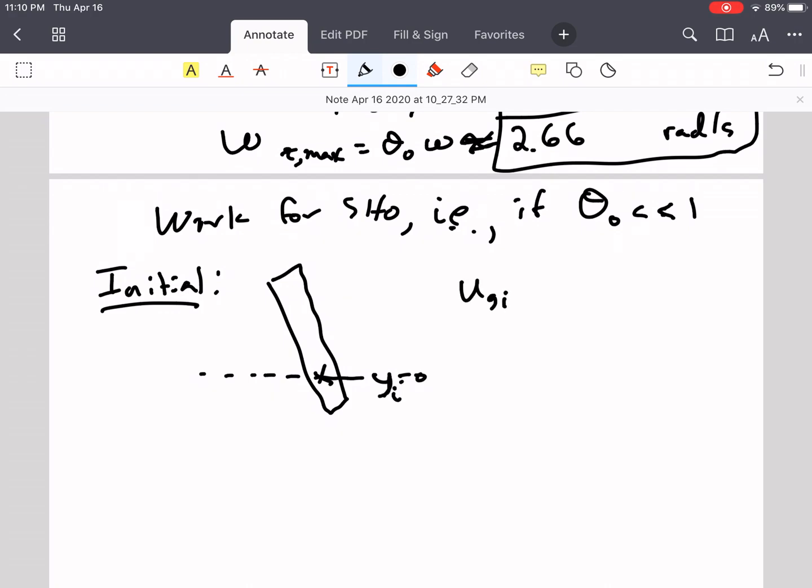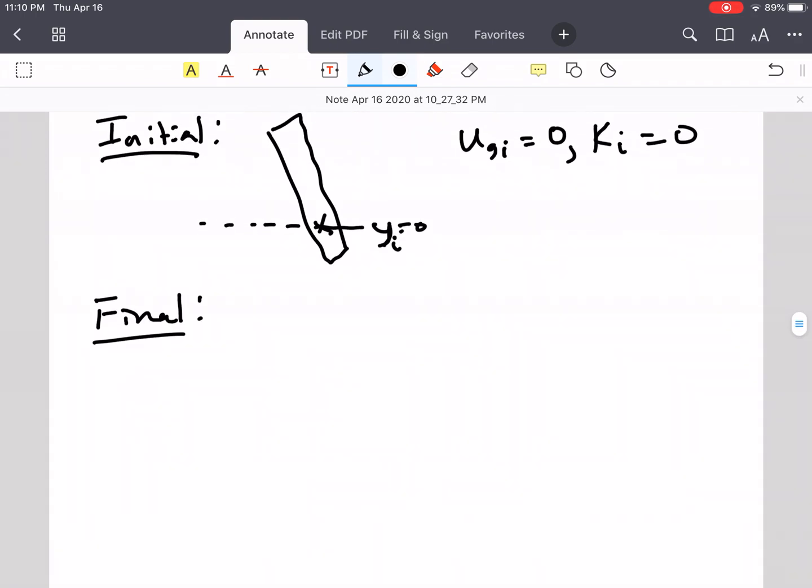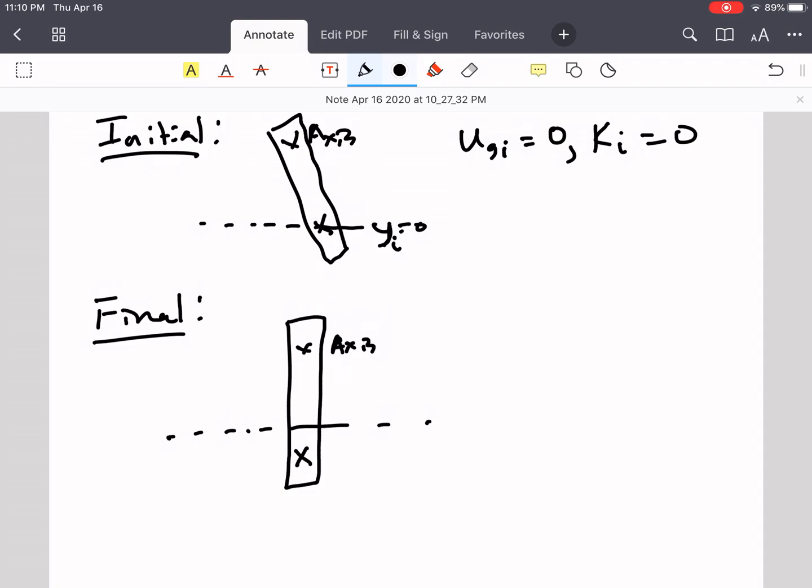That means my initial gravitational potential energy is 0, and my initial kinetic energy is, of course, 0, because nothing is moving. At the end of the day, when it passes through that new equilibrium, my axis doesn't move, but now that center of mass has moved down. All right, so my initial center of mass was at y equals 0.